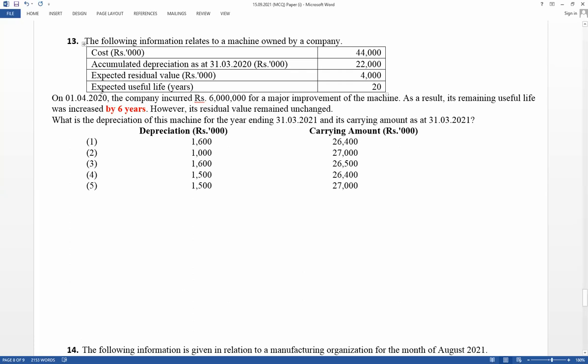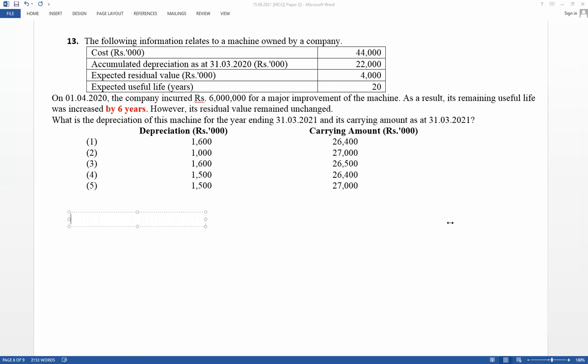Right, think how to calculate now. The carrying amount as well as annual depreciation. The estimate change is at the beginning of the year. Our accounting period ends at the end of the year, 31st March 21. Think how to calculate annual depreciation. This is the equation you have to apply.